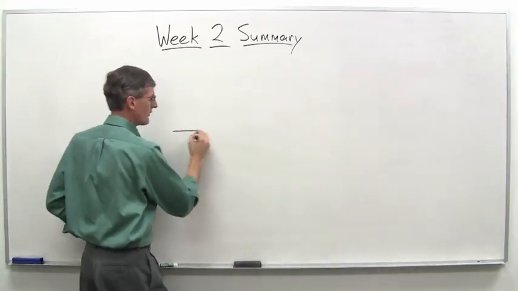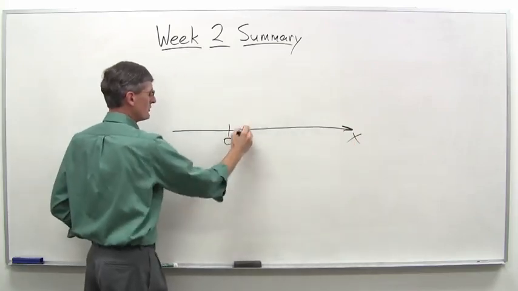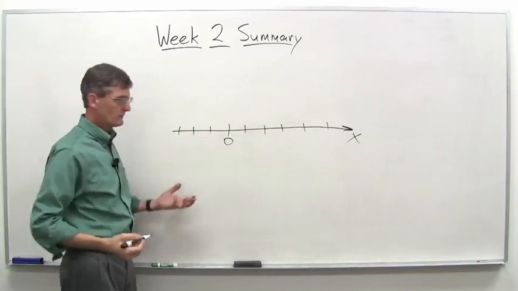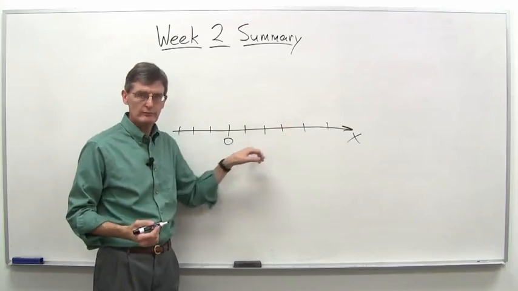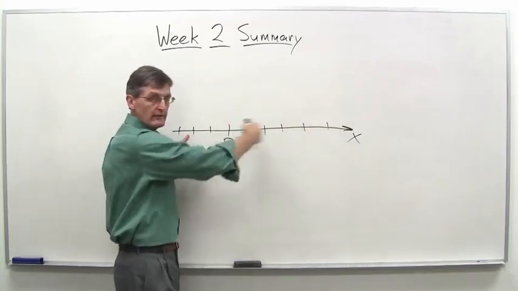Okay, so here is our x-axis, some origin, some tick marks representing however close we want our measurements to be, tens of meters, meters, billions of meters, or whatever. And everything happens along that x-axis.